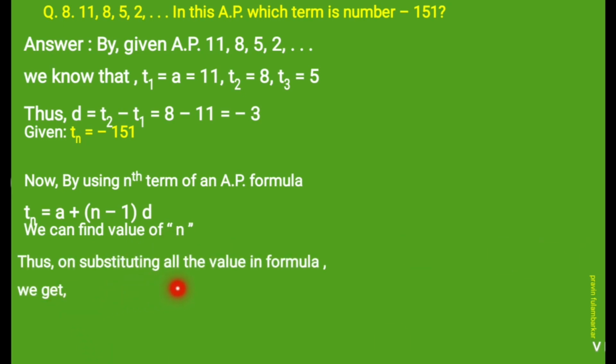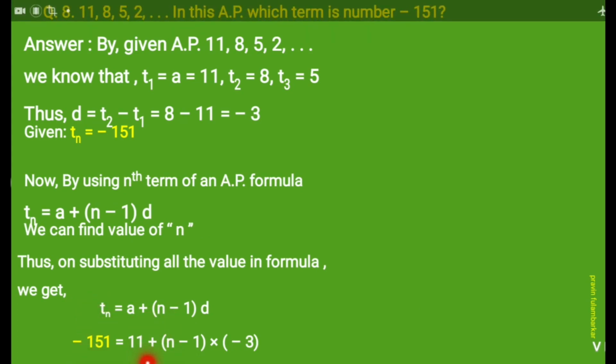Thus on substituting all the values in the formula we get, Tn is minus 151. So we write the formula first, then substitute the value of Tn as minus 151, a as 11, this n minus 1 as it is, the value of d minus 3.